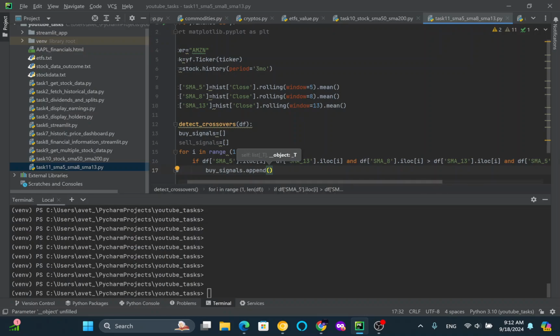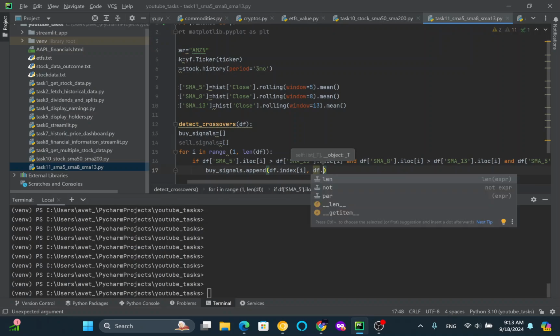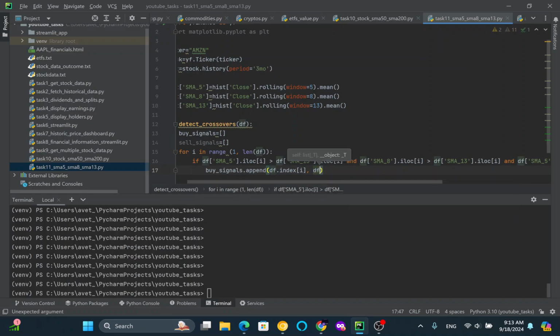So this is the option for considering it as a buy signal. df index i and df close.